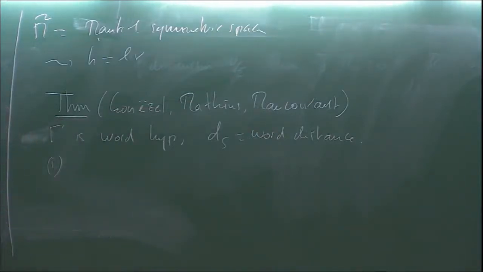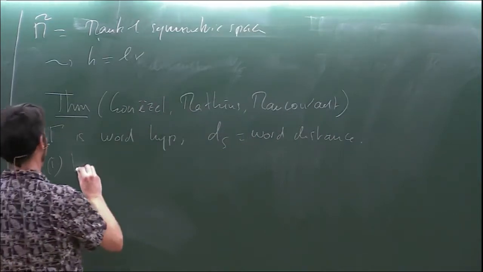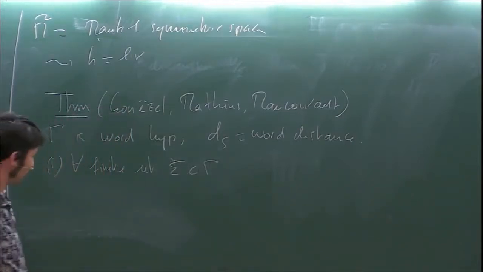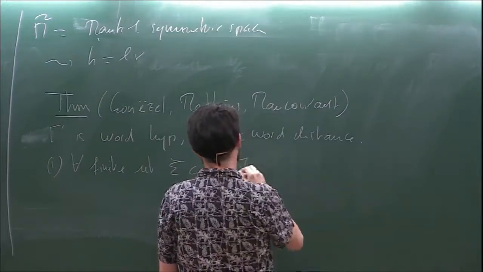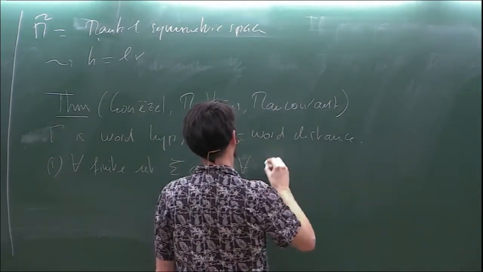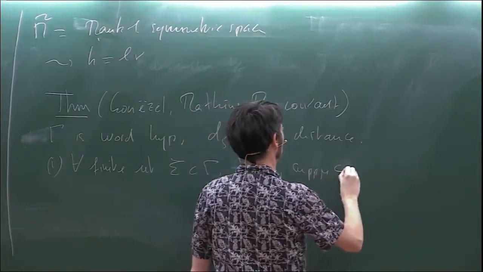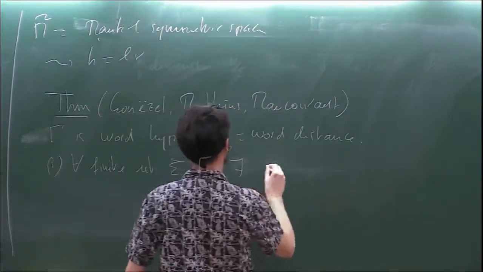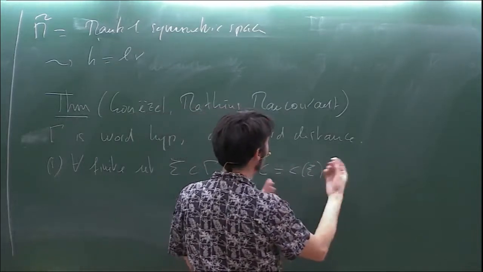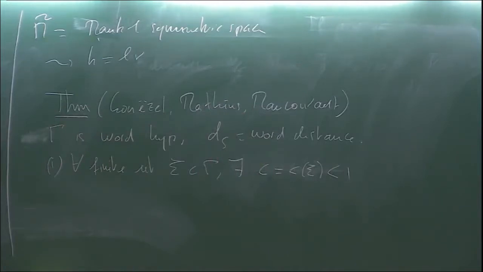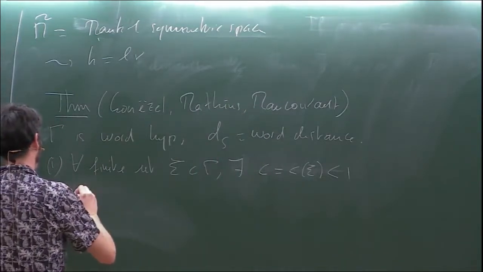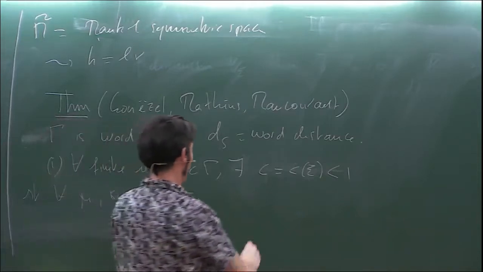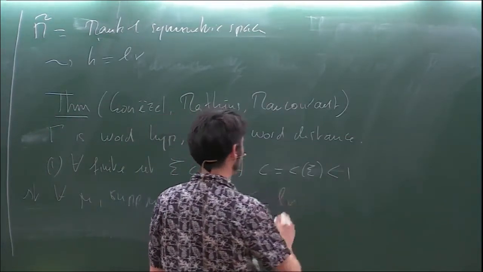So then, the first statement is that for any finite set sigma in my group, there exists a constant C, which depends only on sigma and the group, smaller than 1, such that for any probability measure mu, the support of which is contained in sigma, h is strictly smaller than C times l v.